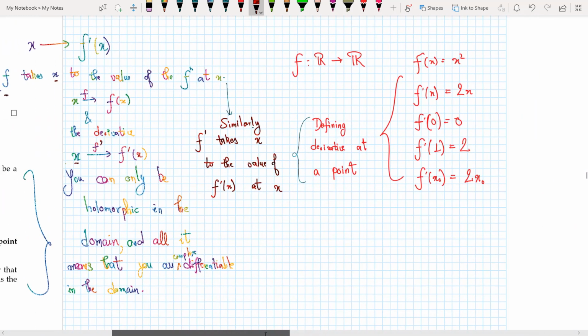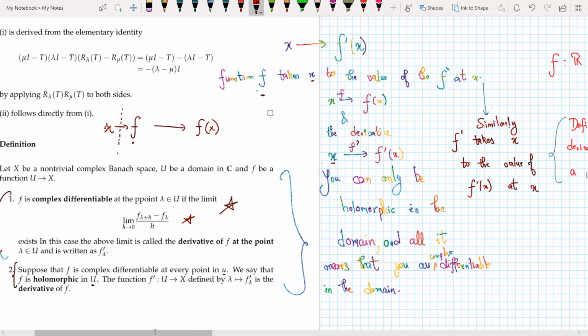And similarly, I have just given a toy example here explaining what it means to define the derivative at a point versus the derivative function. The derivative at a point is just a real number or a complex number depending upon the space you're in, but a derivative function takes element x to the value of its derivative. So that's a couple of things.